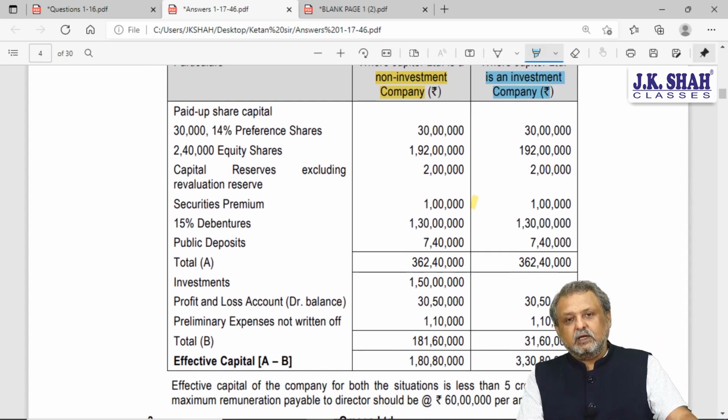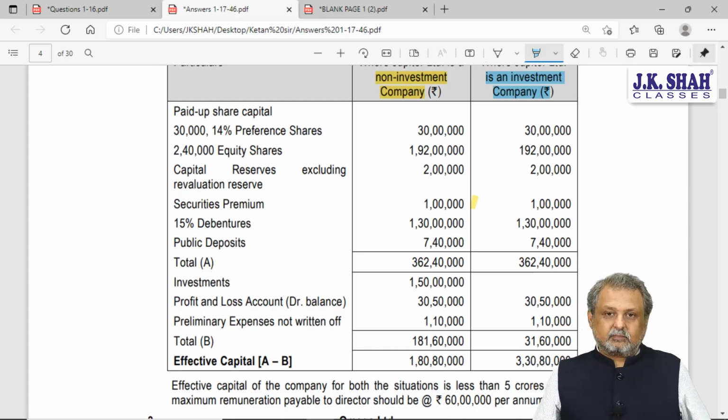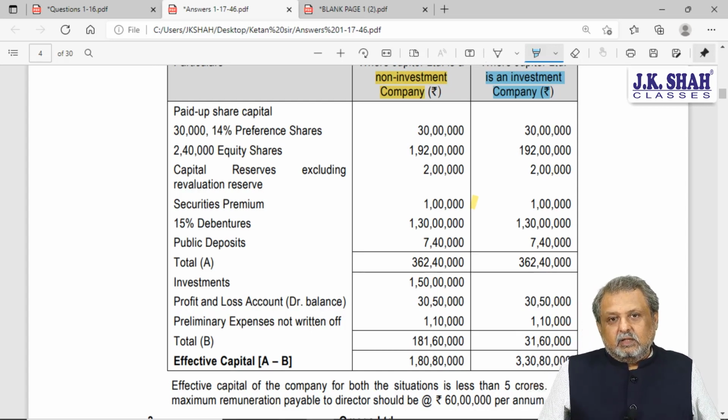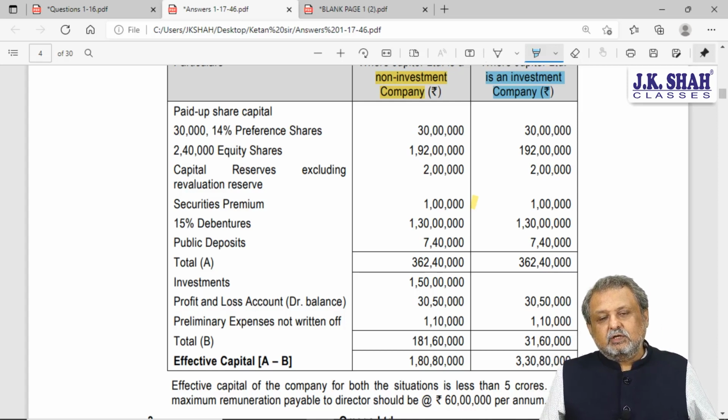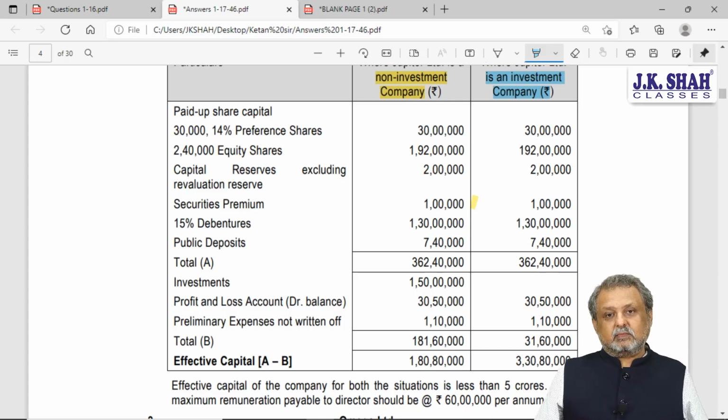Suppose I say a company named Tata Steel. The business of Tata Steel is to manufacture and sell steel. So for them, if they make an investment, it means they have not kept that money in the steel business. Their investment means they have kept their money in some other business.